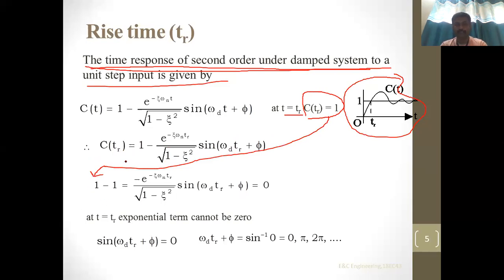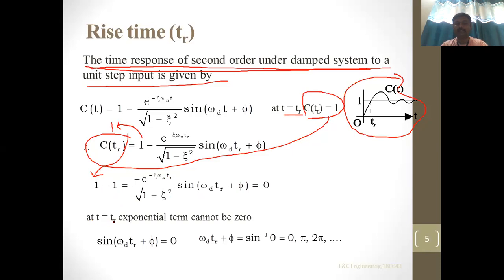The 1 goes to the LHS: 1 minus 1 is equal to minus e power minus xi omega n tr divided by root of 1 minus xi square into sine of omega d tr plus phi. And 1 minus 1 is equal to 0.